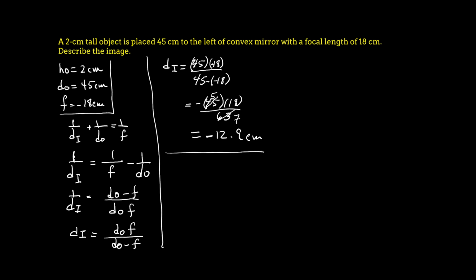So now magnification. Magnification is negative di over do, which is also hi over ho. Let's get the magnification first. M equals negative, di over do, so negative, roughly 12.9 over 45.